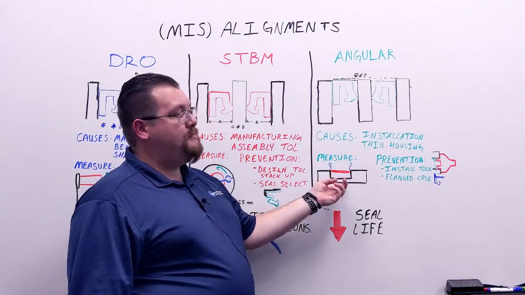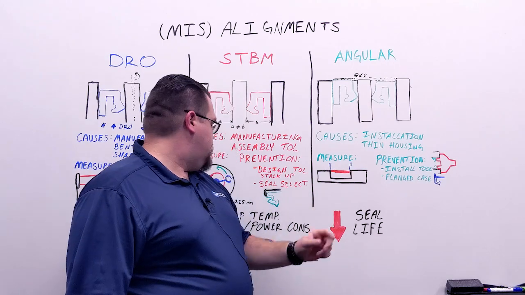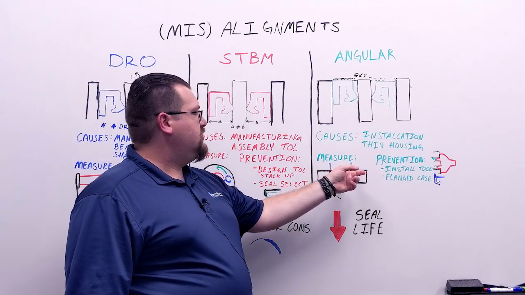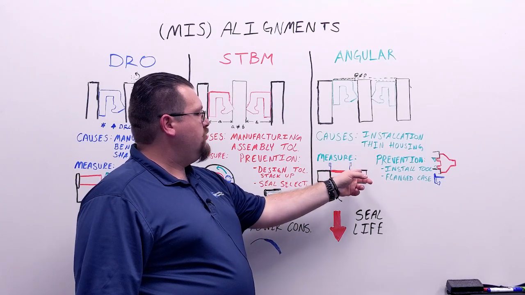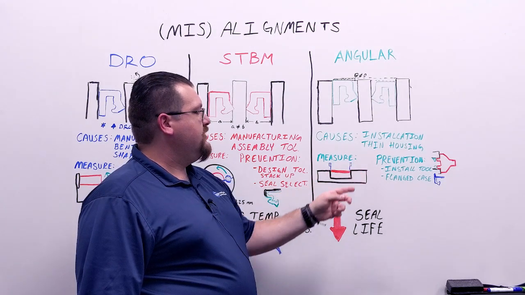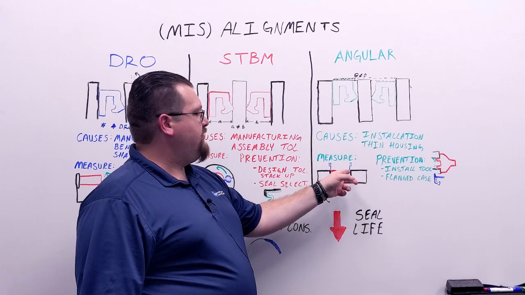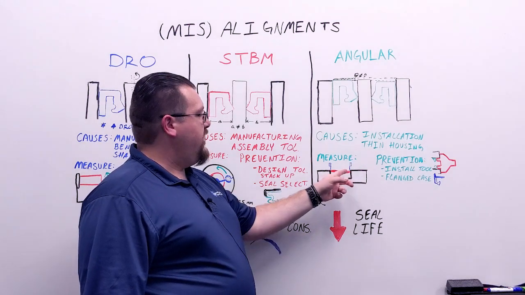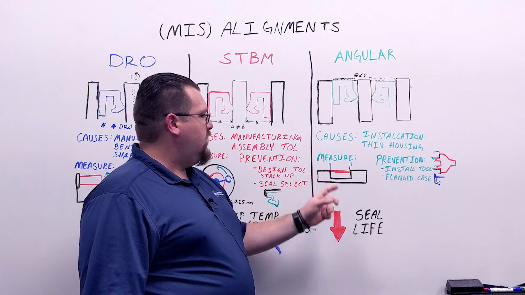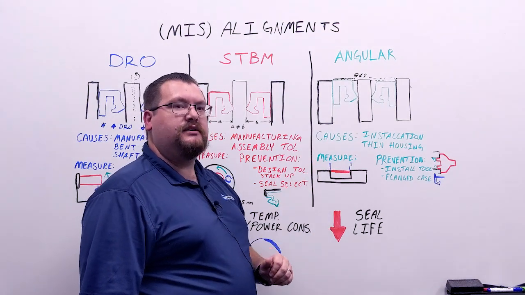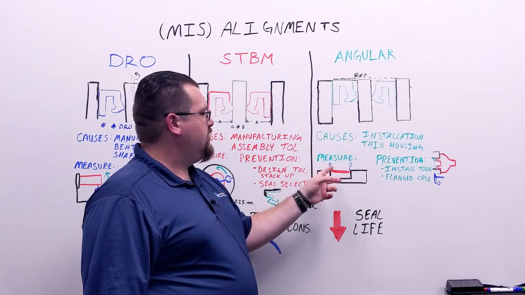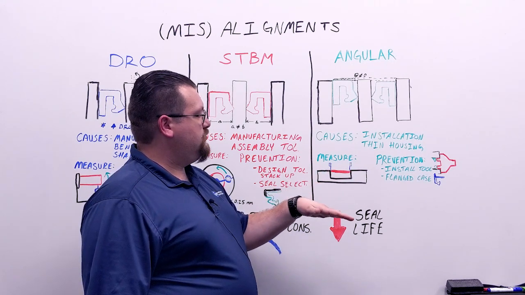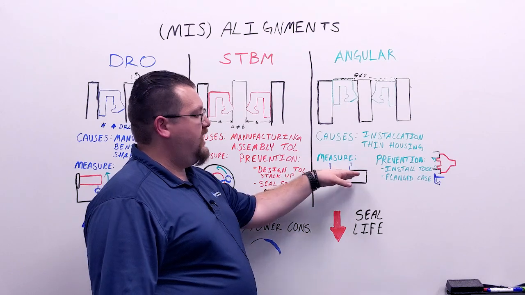When we measure angular misalignment, we simply use a caliper and we measure the depth from a known distance, say the face of the housing to the face of the seal. We'll do that again on the opposite side, and probably a couple times around the seal to see what the difference is between the face of the seal on one side to the other.